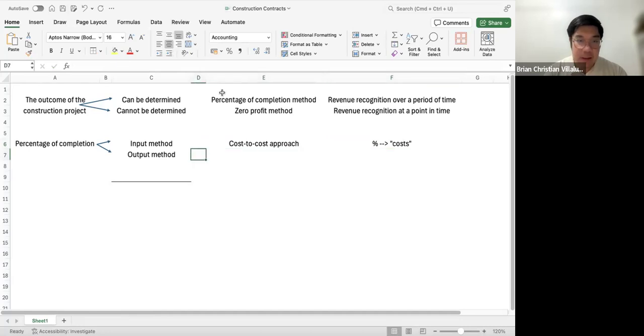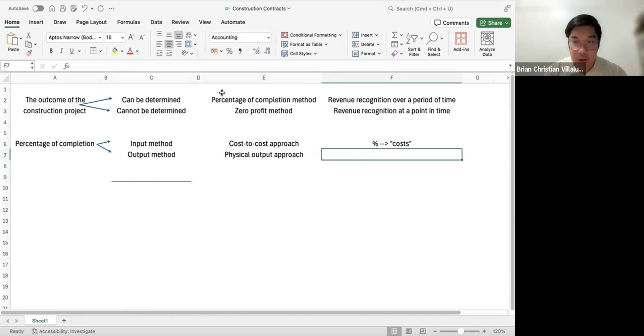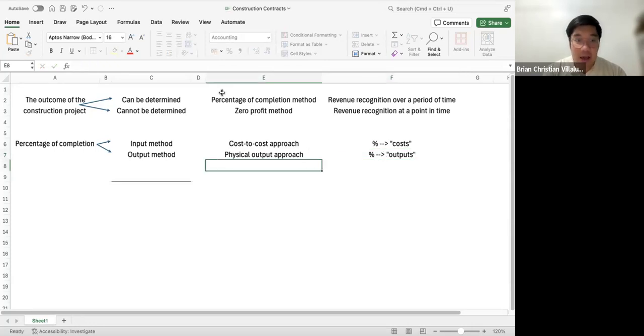Next, pag output method naman, ang percentage of completion natin ay nakabase naman sa ating physical output, no? So tawag natin dito physical output approach. Kaya siya tinawag na output method, no?